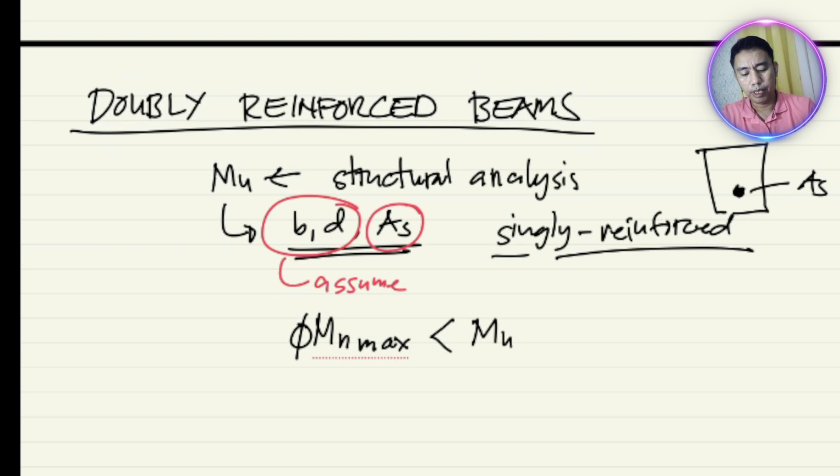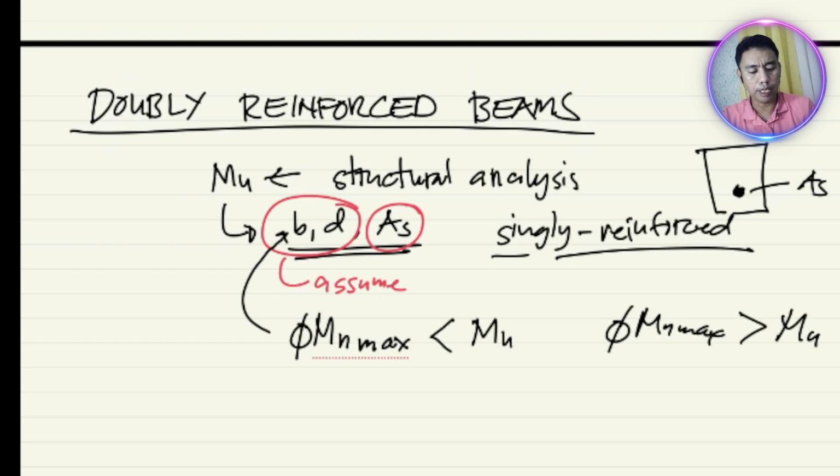So in here, we can adjust, kasi nga, nag-assume lang tayo ng B at saka D, right? So we can adjust the section, maybe we can enlarge the section, okay, larger value of B, width, and a deeper value of depth, D, okay? And then we'll compute again the phi Mn max until we reach that phi Mn max is greater than MU.